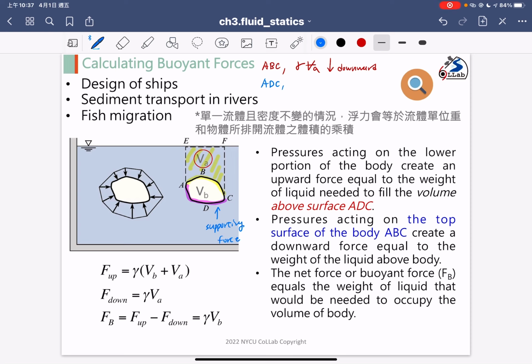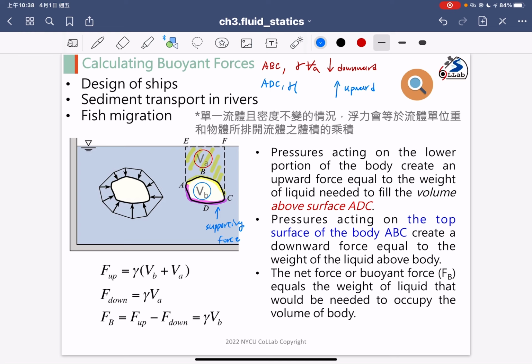Because this is a supporting force, we think the supporting force is upward. And how large is the supporting force? So I need to support the volumes from the VA and the VB here. VB is the particle volume, and the VA is the liquid column volume.